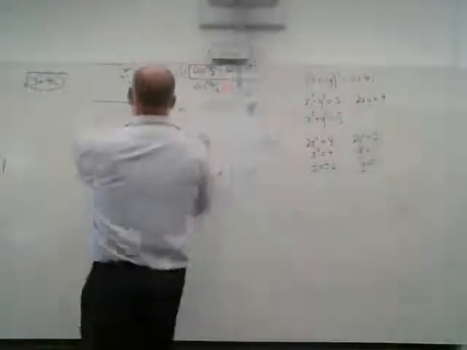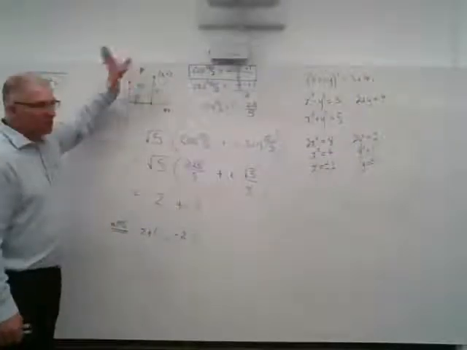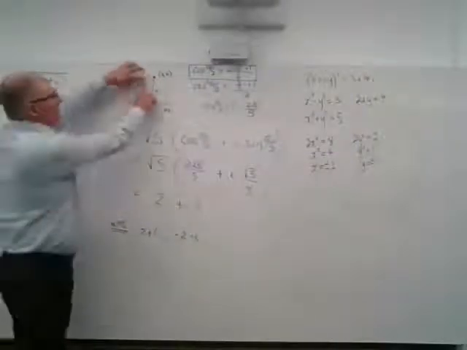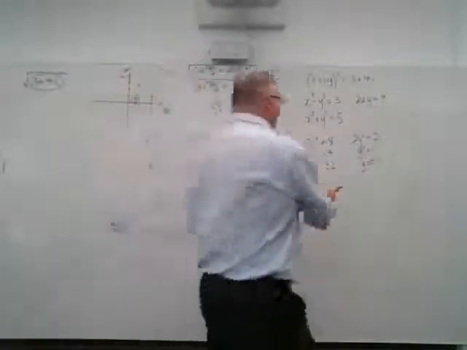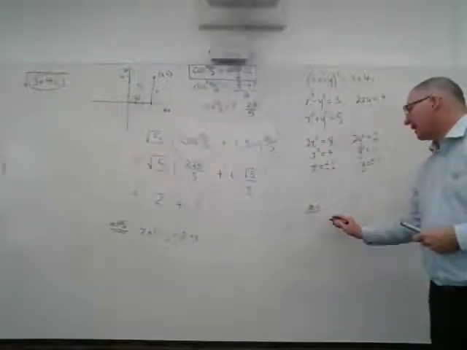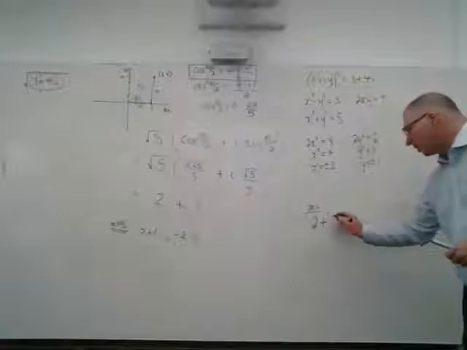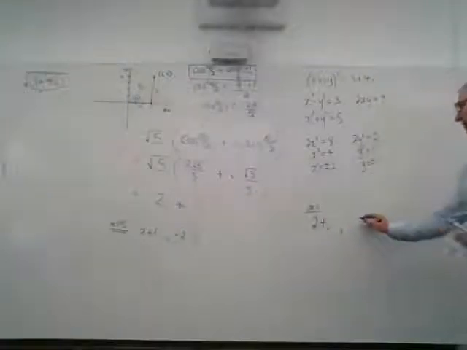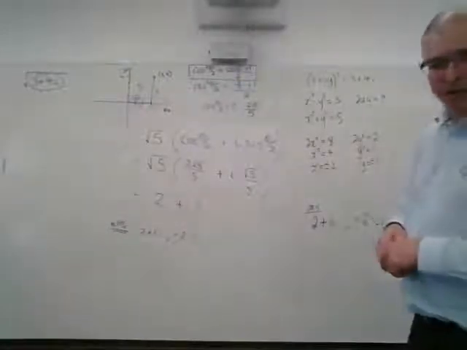Also, from my geometrical representation, I can see that they're in this quadrant, so x and y are both positive, or 180 degrees around from it, they'll both be negative. So I can write out my solution here, that my answers are x is 2 and y is 1, so 2 plus 1i, or x is minus 2 and y is minus 1, so minus 2 minus 1i. 2 plus i and minus 2 minus i.